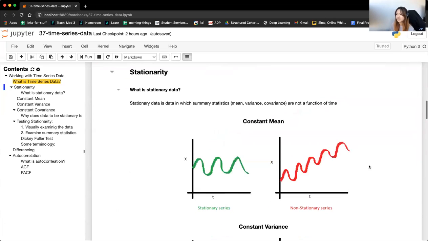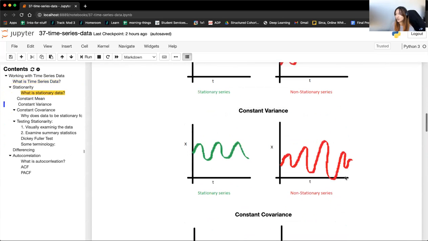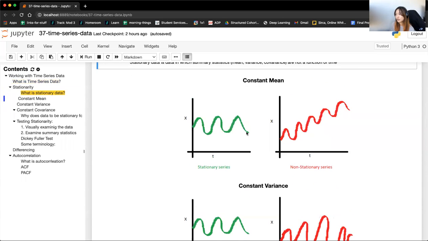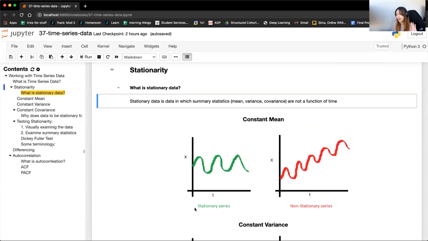All right, so stationary data, which is what we want our data to look like. Stationary data is data in which your summary statistics, the mean and variance, are not a function of time. That means over time, you want your mean to be fairly constant. And if it's not, we'll talk about later how we can make it constant. But basically, over time, you want your average data to be fairly flat.